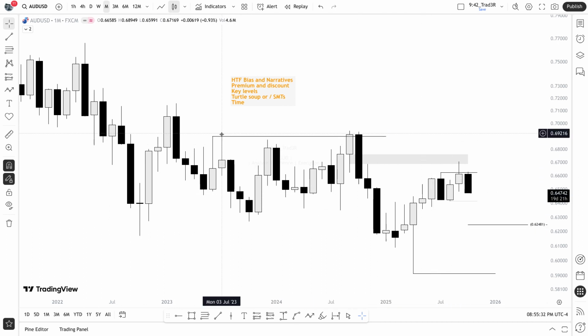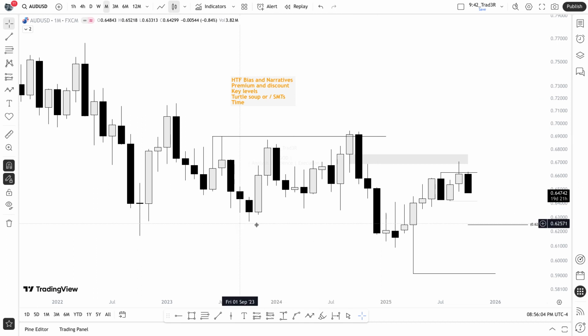So after we pop above this old high here and we broke and closed below this low, the interest has shifted from this bullish up move, rejecting old lows, to now rejecting old highs. So my bias and narrative at this point in time has shifted from price attacking the highs to price attacking the lows, like taking out liquidities below the old lows.